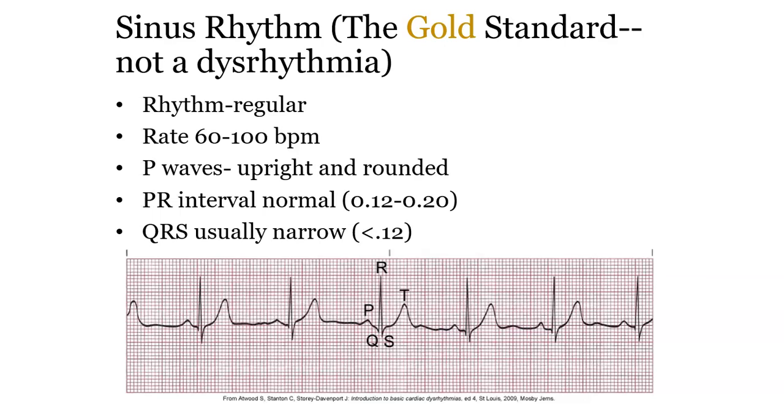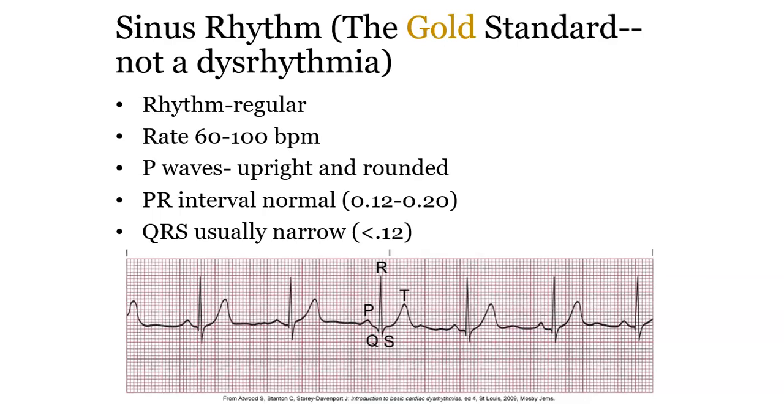Is there one P wave for every QRS, and is it upright and rounded? So before each QRS complex, we can see one upright rounded P wave. What is the PR interval? If we measure the PR interval from the beginning of the P to the beginning of the R wave, where that Q starts to go down, that PR interval is going to be less than 0.20 seconds.